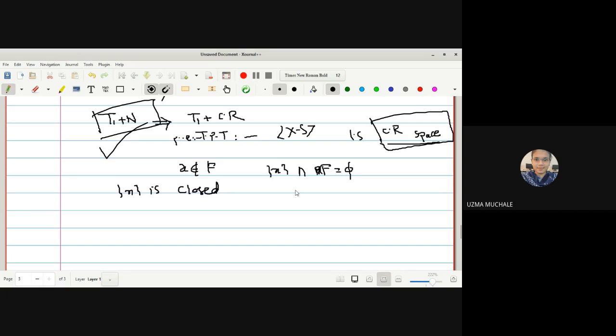Because given that X is a T1 space. You can write the reason here: X is a T1 space. So what is the property of a T1 space? Characteristic property: every singleton set is a closed set. So singleton x is a closed set, and F is also a closed set. So we got two disjoint closed sets, singleton x and F.